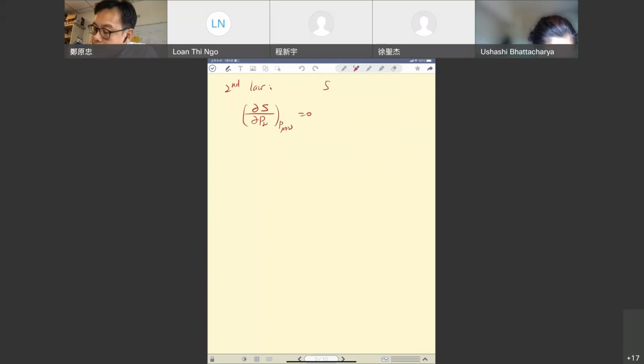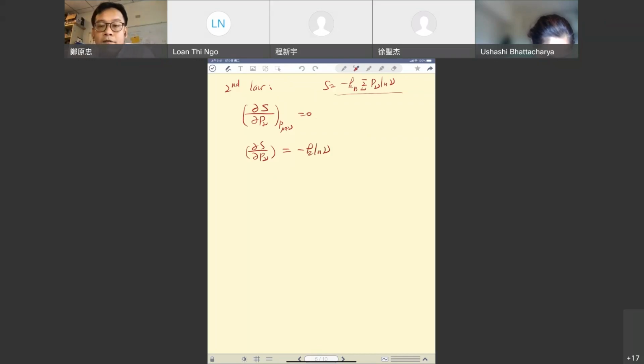And then we know S equals minus k_B summation over nu of p nu times natural log p nu. Let's take the derivative, partial S partial p nu. You take the derivative here, only a single term will go down, but you need to take the derivative of p nu and also the derivative of natural log p nu separately. If you take the derivative of p nu, we have minus k_B natural log p nu.